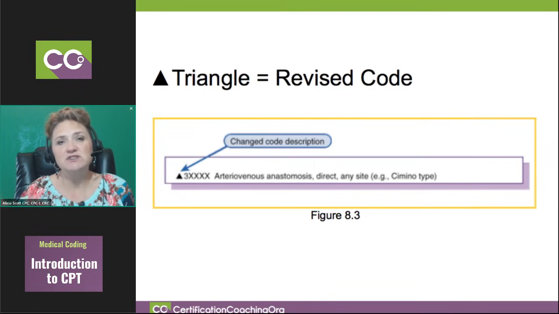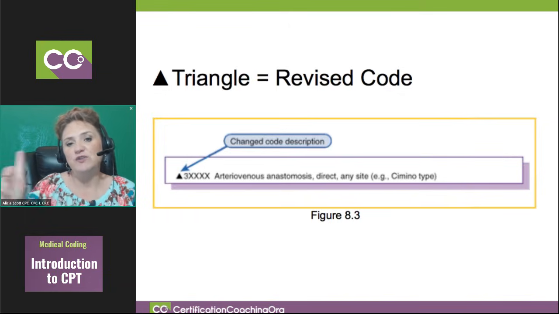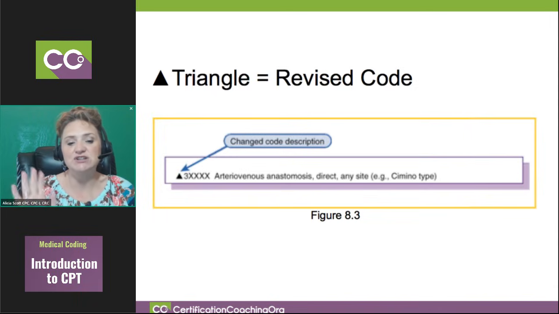You probably will never have a chance to have two manuals in front of you, but know that there's a place in the back of your manual, your little appendix, that talks about all the changes. So don't worry too much. It could be something as simple as a new code was created, and now it doesn't say any site, it's more specific. Okay, and so that means it was revised.